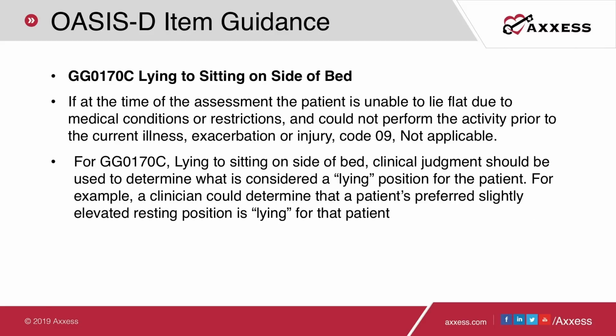If the patient is unable to lie flat and could not perform the activity prior to the current illness, exacerbation, or injury, you would code a number 9, not applicable. For GG0170C, clinical judgment should be used to determine what's considered lying for this patient. For example, a clinician could determine that the patient's preferred slightly elevated resting position is lying for that patient.